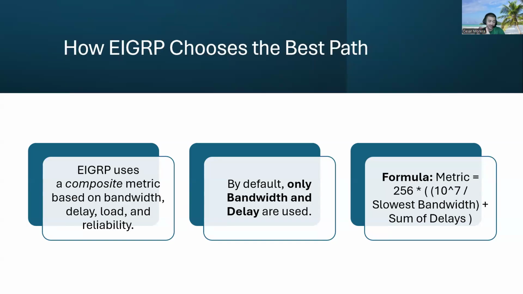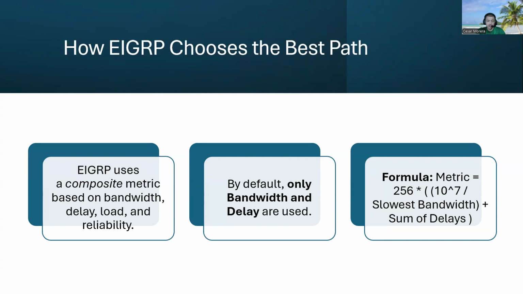How does EIGRP choose the best path? Well, EIGRP uses a composite metric based mainly on bandwidth and delay, but there are also additional values like load and reliability. By default, only delay and bandwidth are used to calculate the metric.